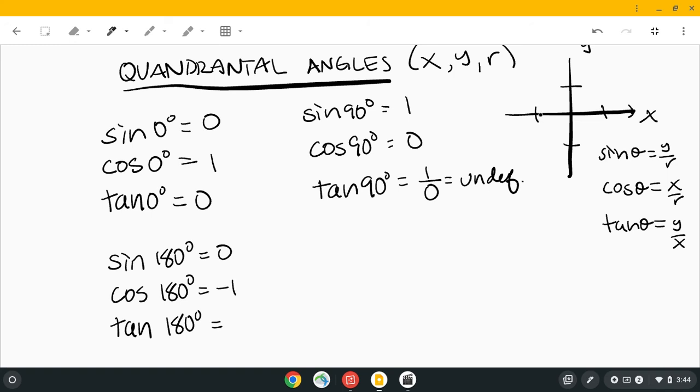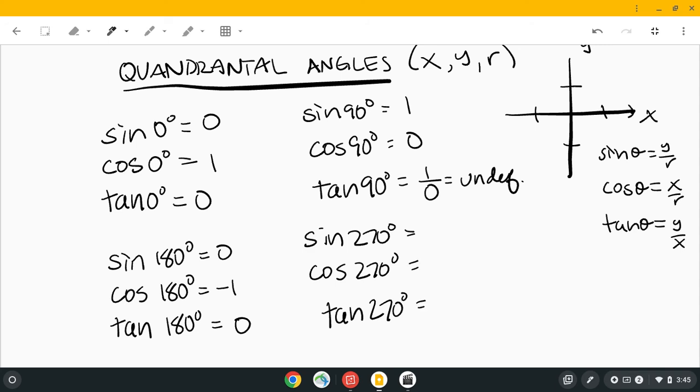And then tangent is just y over x, so that's 0 over -1, which is 0. And then let's do 270. At 270 degrees, which is down here, sine are the y values. The y value here is -1. Cosine are the x values. The x value here is 0. And tangent is y over x, -1 over 0, which is undefined.